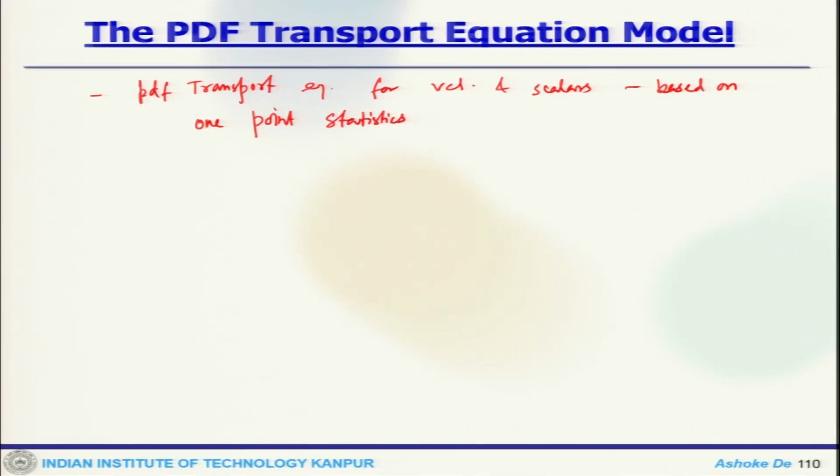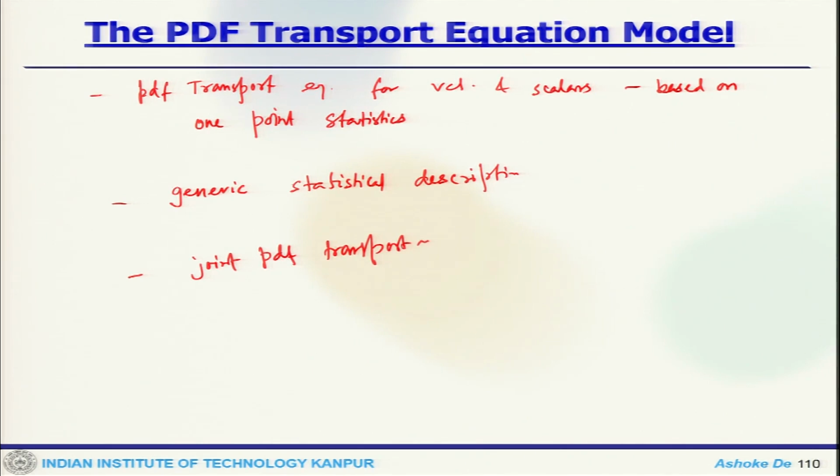Within that framework, we can derive a generic statistical description of these turbulent reacting flows, which will be independent of any combustion regime, and then we look at the joint PDF transport equation for velocity and the scalars, and that can be derived.